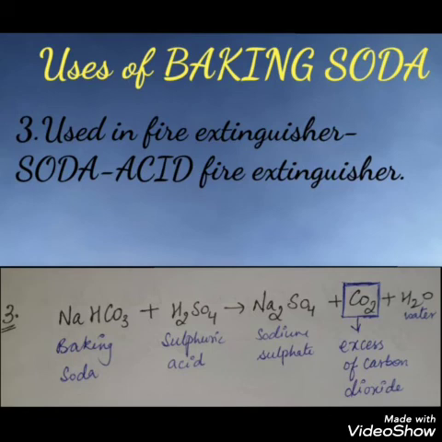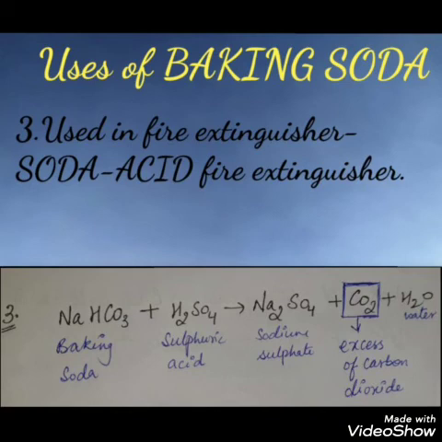The next most important use of baking soda is that it is used in fire extinguishers. These fire extinguishers are known as soda acid type fire extinguishers. These fire extinguishers contain a solution of sodium bicarbonate and sulfuric acid in separate containers inside them.